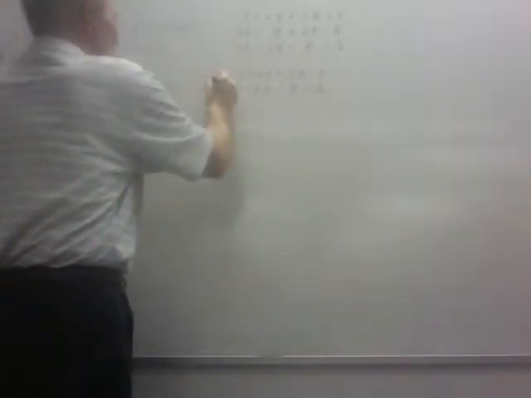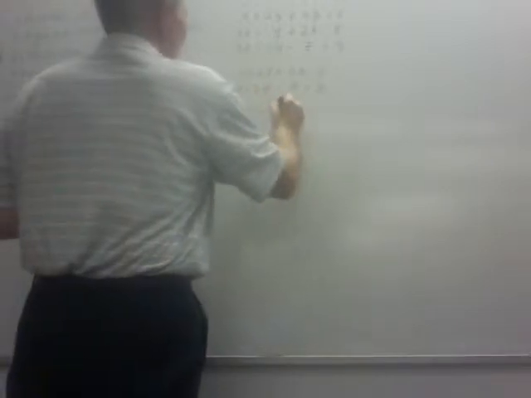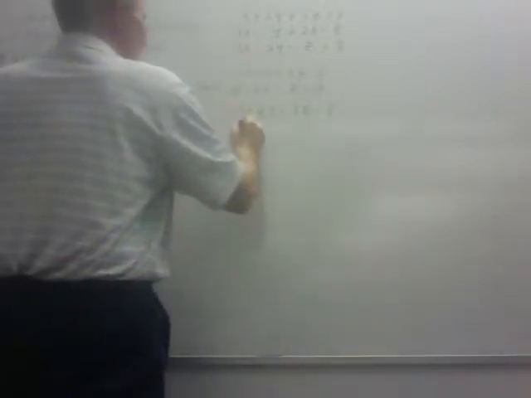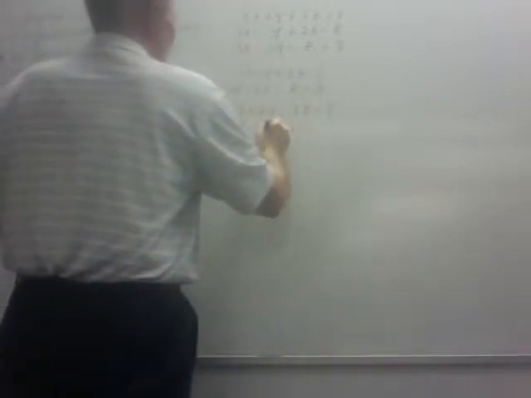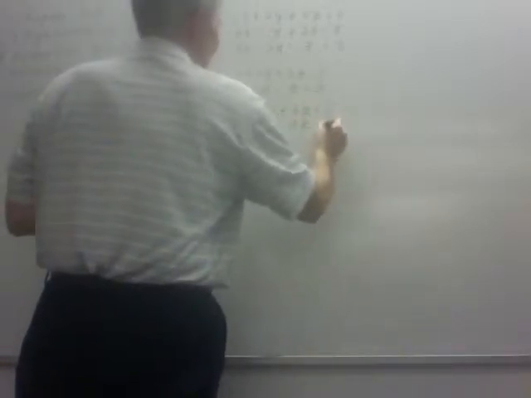I'm going to multiply this equation by 3, because remember, all I'm trying to do is get rid of z right now. I'm going to rewrite the first equation, x plus 2y plus 3z is equal to 5. This gives me 9x minus 6y minus 3z is equal to 9.